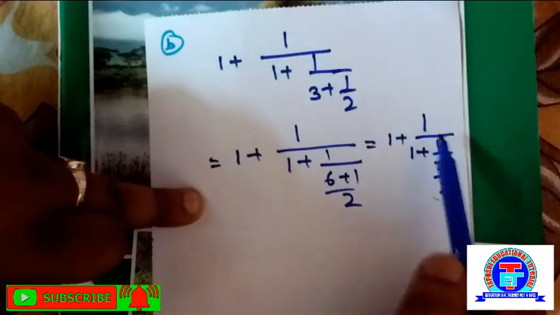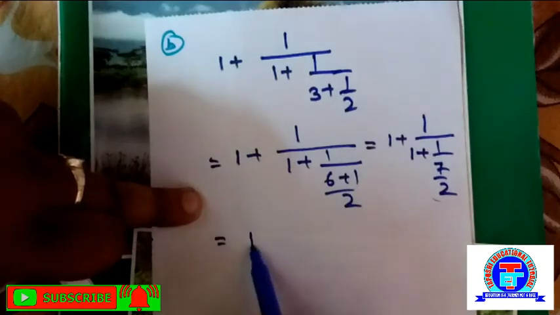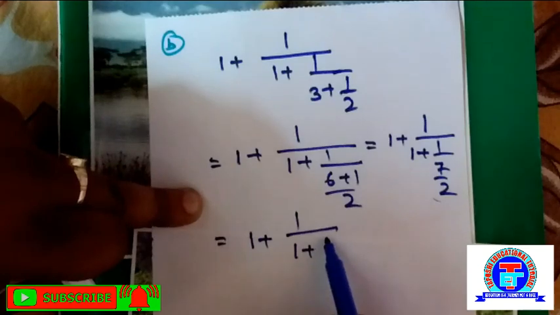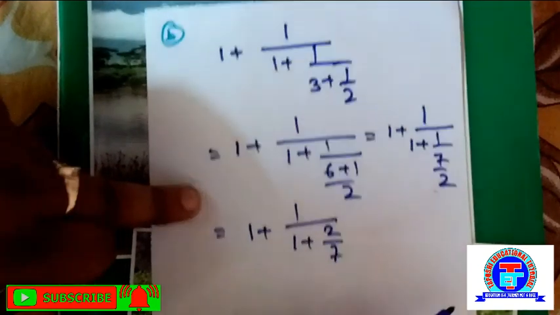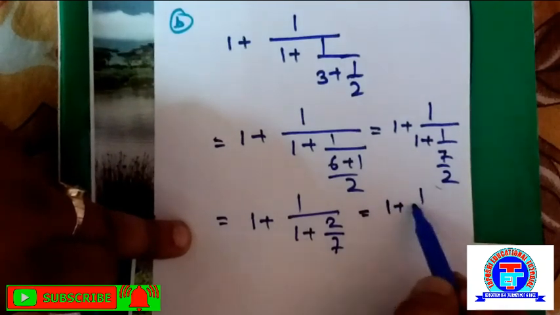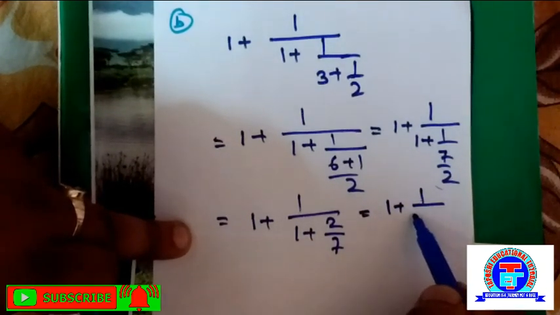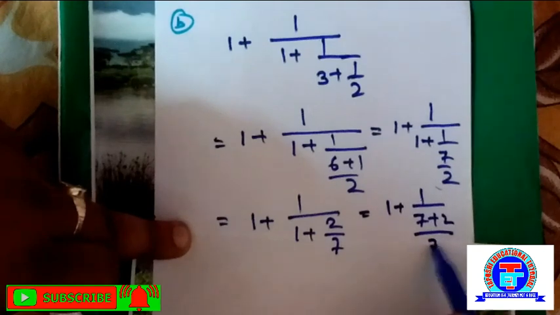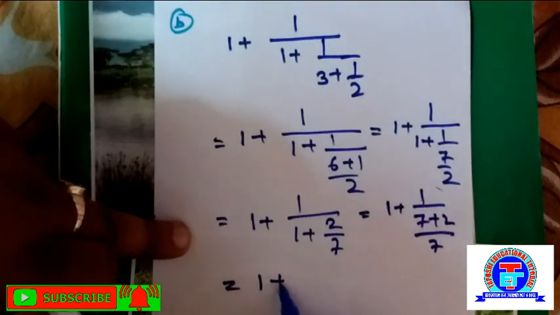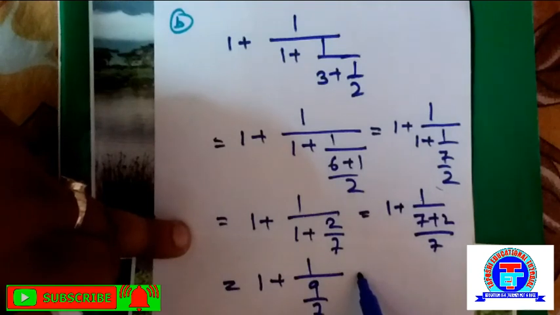Now this one is a reciprocal fraction. So 1 plus 1 by 1 plus 2 by 7, right? Now it will become 1 plus 1 by 7 plus 2 by 7. That means it will become 1 plus 1 by 9 by 7. It will become the reciprocal fraction.